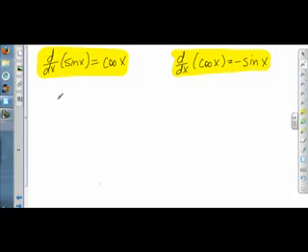Once you know those two facts, then you're going to be able to differentiate functions like this.